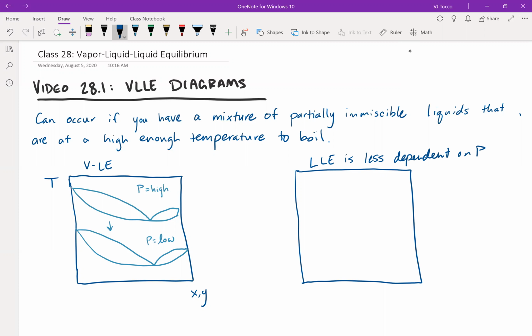In most cases, if you were to plot two pressures on the same liquid-liquid equilibrium curve, they would kind of overlap, right? So this would be P high, and maybe in a different color, green, right over the top, but just a little bit changed would be P low.